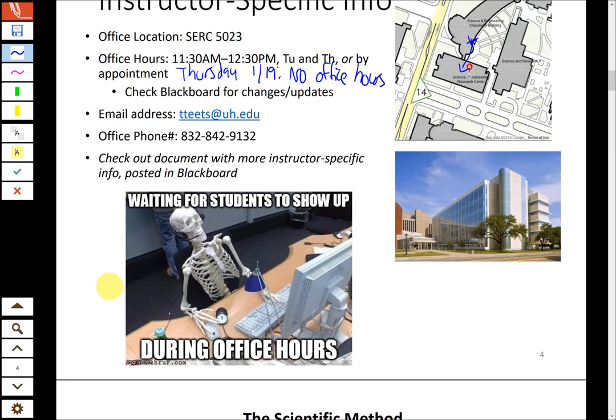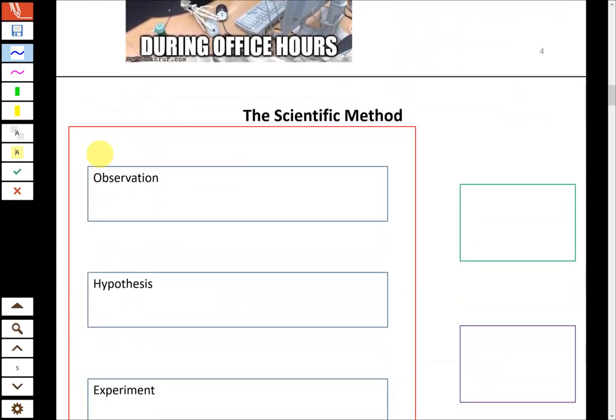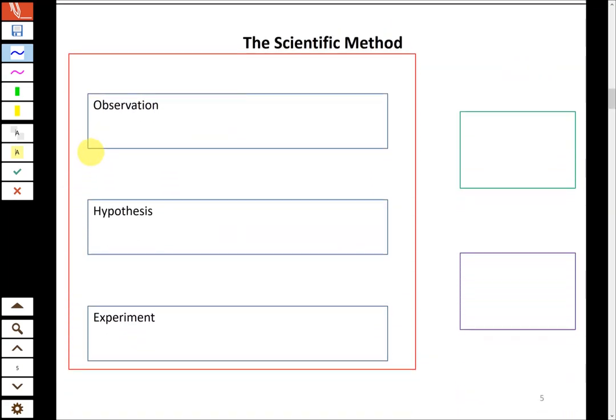All right. So we will move on now and actually start the course. I know usually you appreciate the nice syllabus day, but we're going to just have like a syllabus 15 minutes today. And the first thing I want to cover is the scientific method.